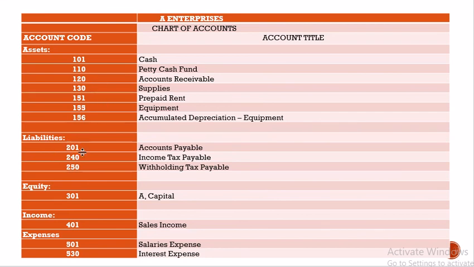Then for liabilities, 201, accounts payable, 240, income tax payable, withholding tax payable, and then equity, income, then expenses. So, ito yung sample ng chart of accounts. Okay, that's all.